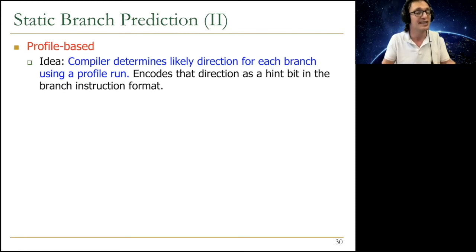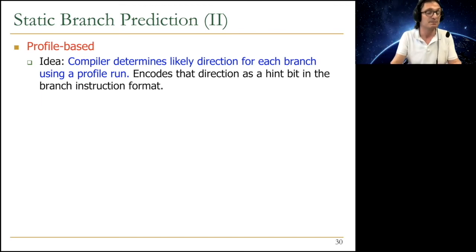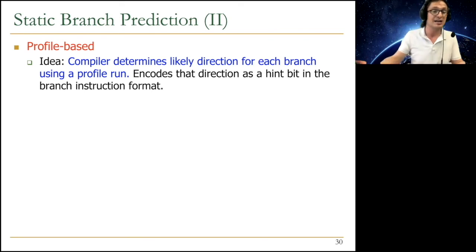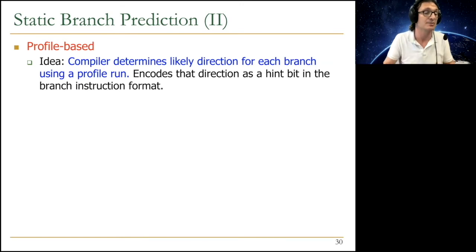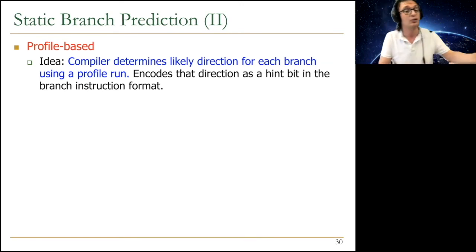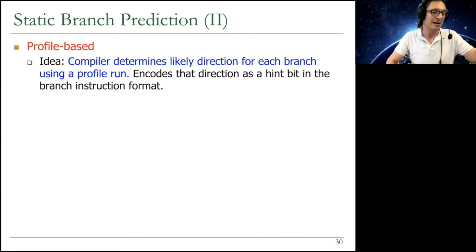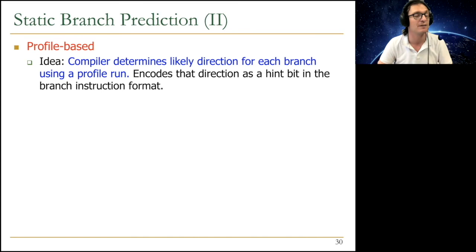Okay, and use that bit to guide the prediction. So this is nice because if the compiler says, oh, this branch is almost always taken, it sets the bit to be taken. If the compiler figures out some other way using an input set, of course, it will set the bit to be not taken. Of course, this requires executing the branch once so that you see the branch target address as well as that bit, right? But in later executions, you can use this profile-based prediction.